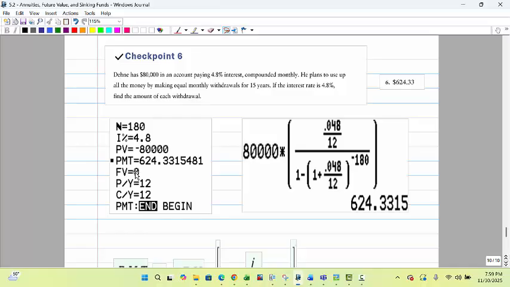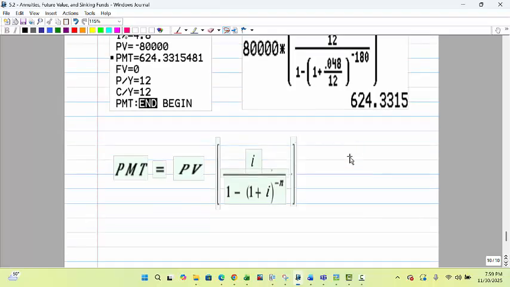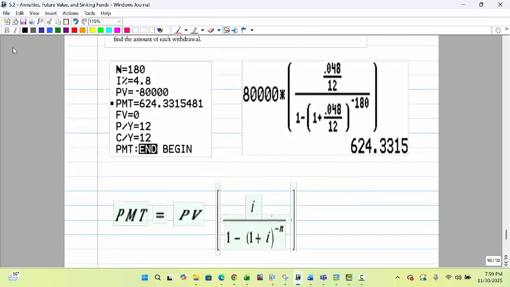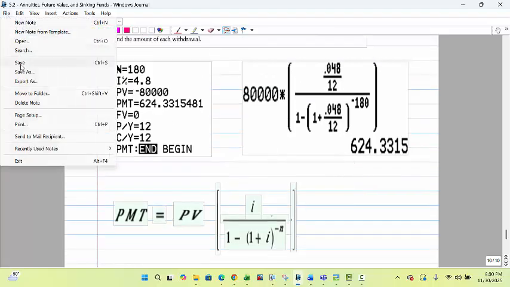Whatever we're not using, you got to zero out. So if you do a new problem where you've done a future value and then you're switching to a present value, just zero out whatever you're not using. Put in the negative 80,000 for the present value. Came down here, picked the payment, and then did the alpha solve, and it gave us 624.33. So that takes care of the lecture notes.